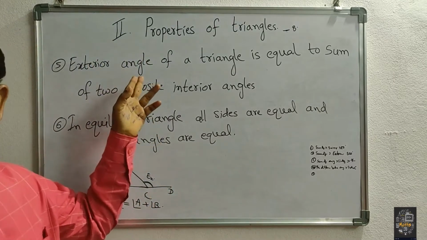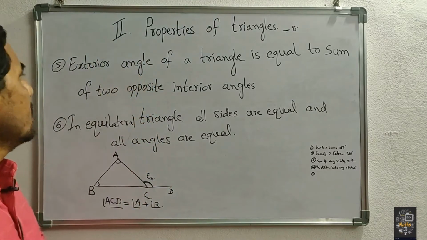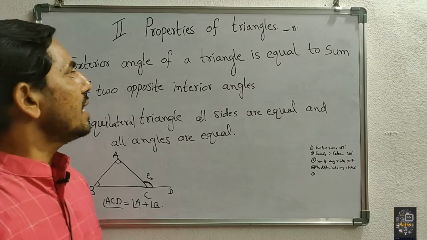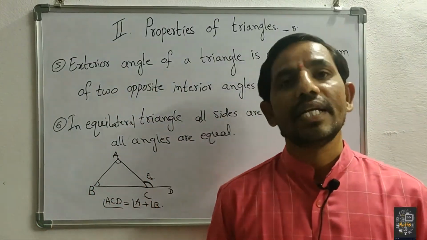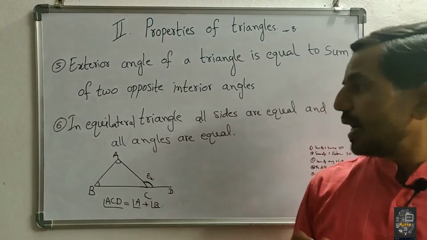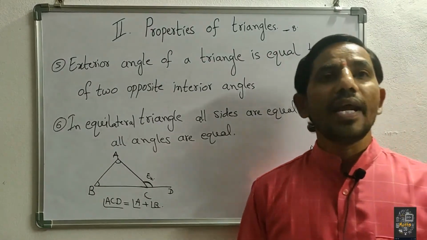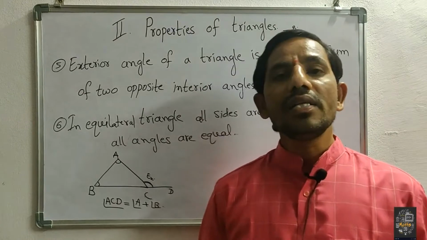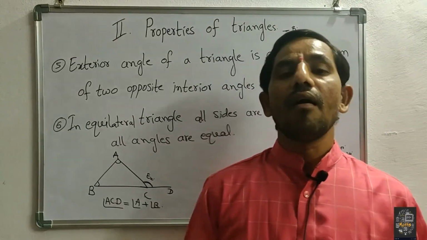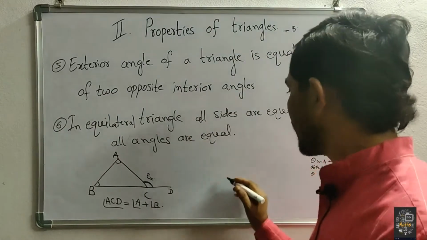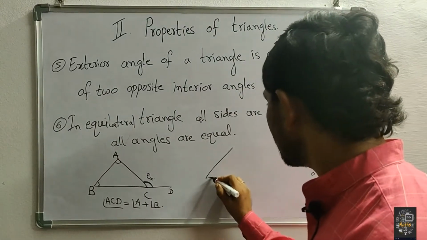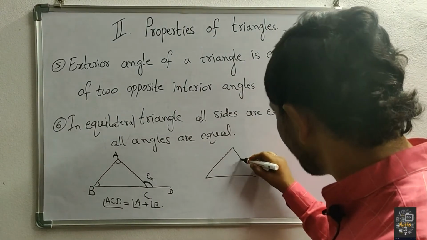I will repeat once again fifth and sixth. Exterior angle of a triangle is equal to sum of two opposite interior angles. And sixth one, in equilateral triangle, all sides are equal and all angles are equal. So here equilateral triangle I will draw here. This is equilateral triangle example I am taking.